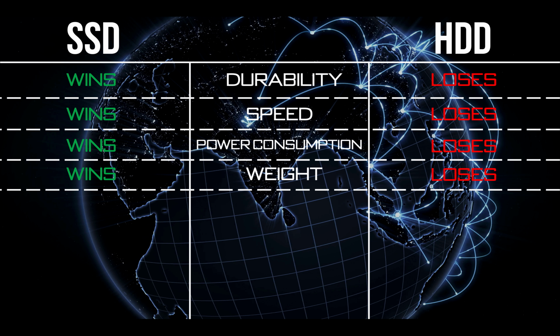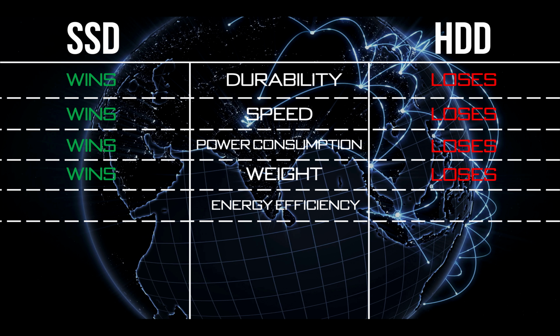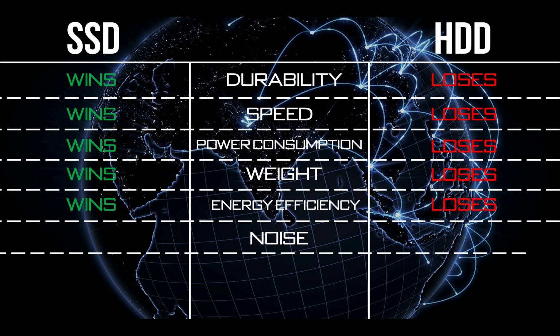SSDs won't weigh down your notebook when you're on the go or your desktop when rearranging your office. Energy efficiency. Of course, SSDs are cooler. As an energy efficient storage upgrade for your desktop or laptop, SSDs require very little power to operate. That translates into significantly less heat output by your system. So SSD wins here as well.